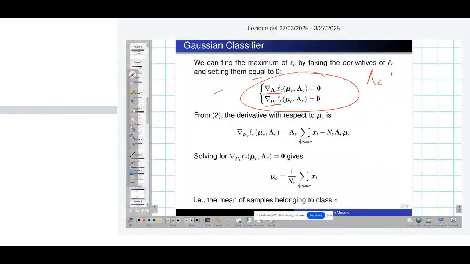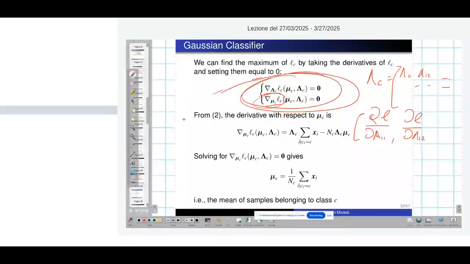Lambda will be a matrix, so let's write lambda 1,1, lambda 1,2, etc. We take the partial derivatives of the likelihood with respect to all the elements of lambda. The same for mu. This gives a large set of equations. Then I set this equal to 0 and solve for lambda and mu.